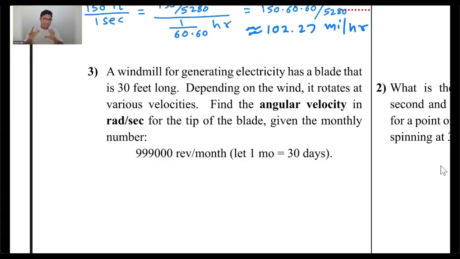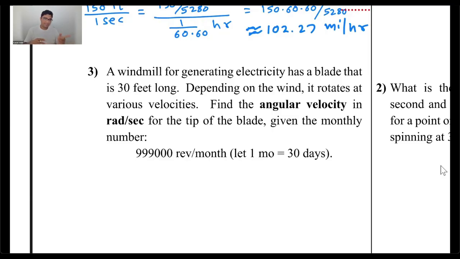If you are going to analyze at what speed the windmill is spinning, it's going to vary depending on the wind and day and night. So instead, you take an average over a month. Suppose they counted for a month and they found that it makes 999,000 revolutions in a month.